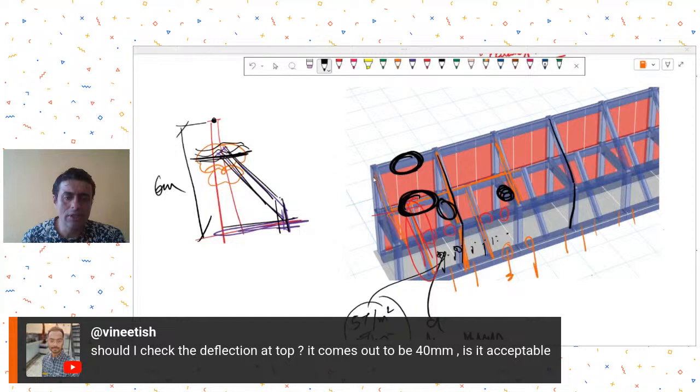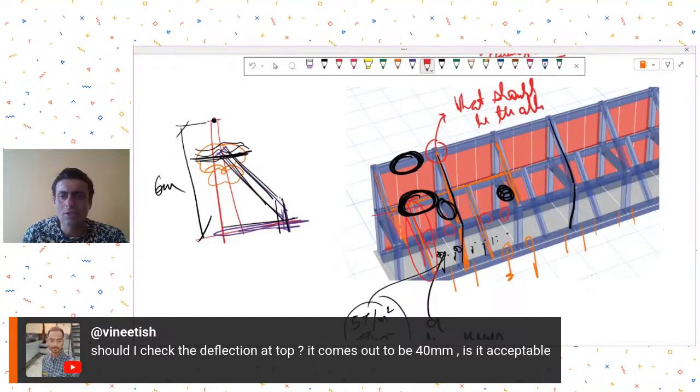Mr. Vineet is asking, should I check deflection at top? Yeah. Now see, deflection at top is a tricky thing because you will get some deflection at top over here. Now, what should be the allowable deflection value at the top? That is not very clear. Your code does not give you any guideline on this deflection at the top point.